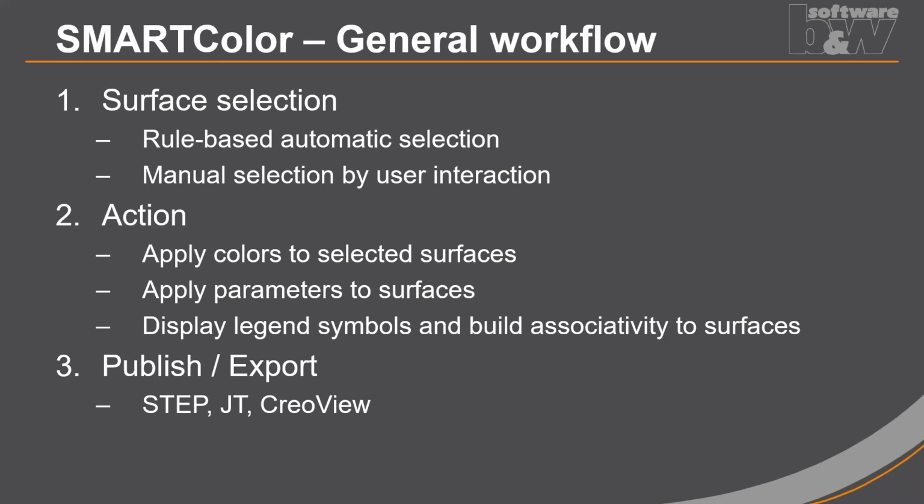And finally, it can display legend symbols that are associative to the selected surfaces and are flat-to-screen annotations in every combined state. And finally, the last task is we prepared export and publish options for STEP, JT, and Creo View export or publishing.